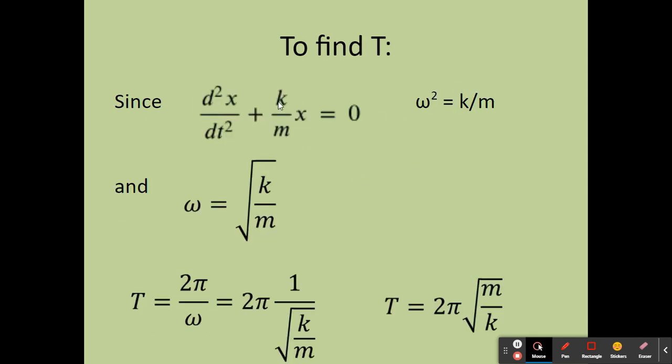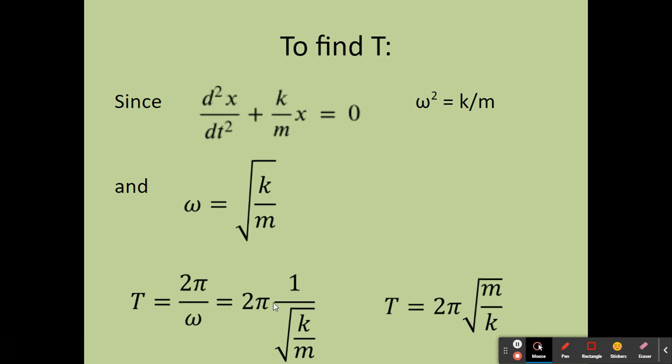Okay, so in this equation, that means that omega squared is equal to k over m. If we take the square root of both sides, omega is equal to the square root of k over m. But then, if you wanted to find the period, you use the equation that's on your AP sheet, that the period is equal to 2 pi over omega.